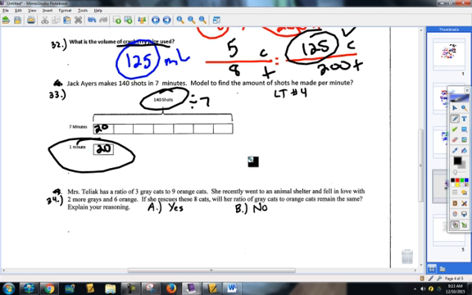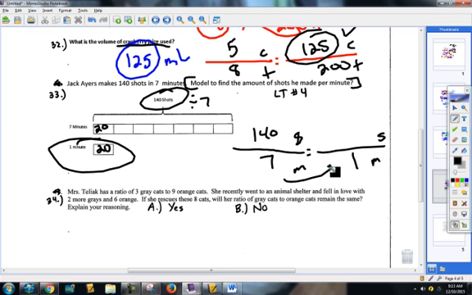Now, should you have checked with the proportion? Yeah, guys, anytime you're given that kind of real information, you know that minutes go here, shots here. I know the fake ratio is 140 and 7. Divide by 7, divide by 7. That's going to be 20 shots in a minute. You guys all understand that? Okay.